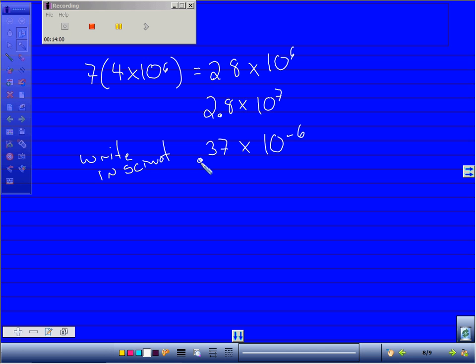Where does that decimal point need to go? Between the 3 and the 7. So I'm going to go 3.7, times 10 to the... did this number get bigger or smaller? It got bigger, right? 0.37 is smaller than this. So this has to get bigger or smaller? Smaller. What is one place smaller than 10 to the negative 6th? Negative 7. Yeah, don't say negative 5th, right? That needs to go down to negative 7.